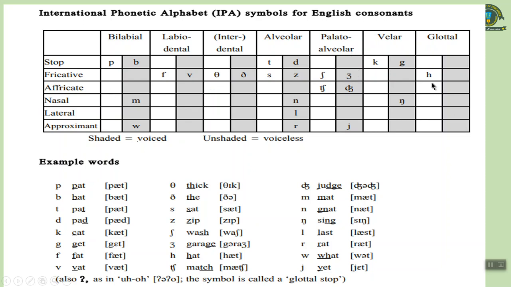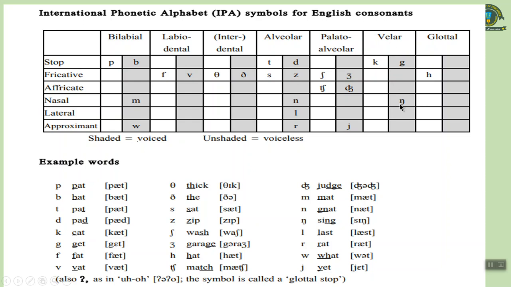Then this is h, which is glottal fricative. Friction is inside your vocal cords. Then there are affricates. In English we have only these two affricates, ch and j. Affricates begin as plosives and end as fricatives. And nasals, there are only three nasals in English, m, n and ing. And ing is velar nasal.